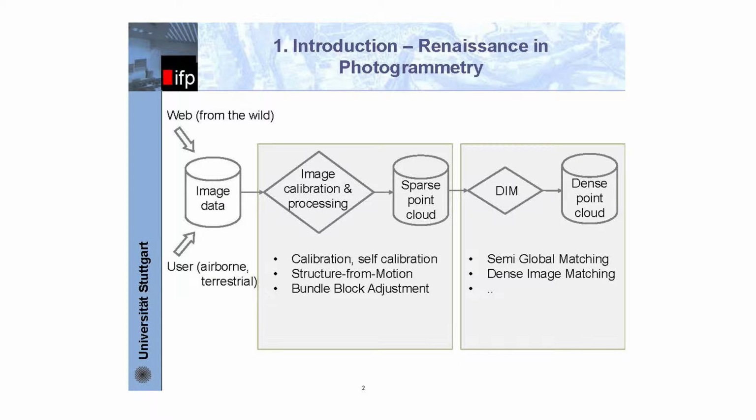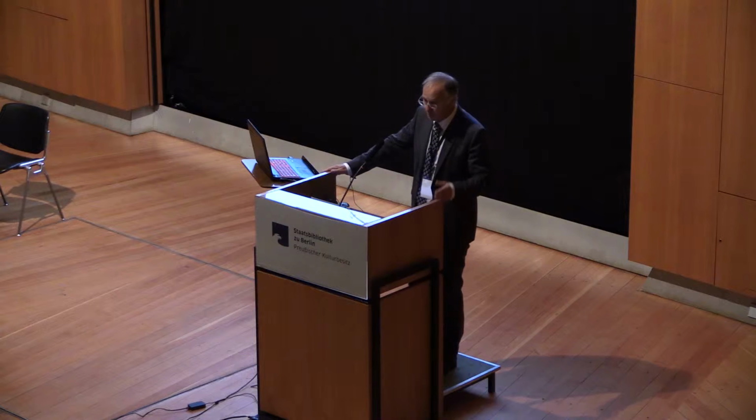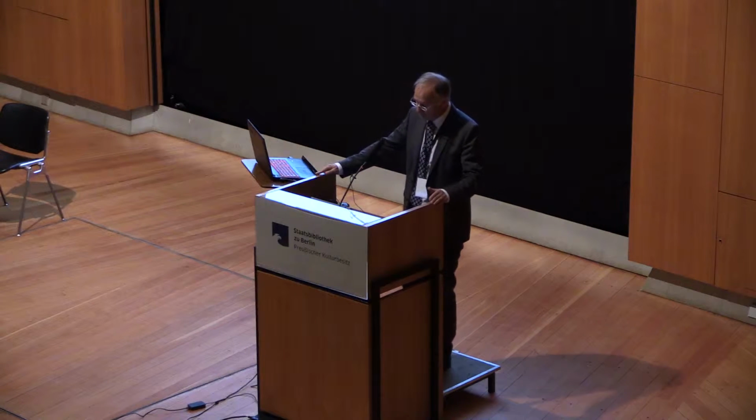We can do some processing, calibration of the camera system, and then we use the images for bundle adjustment, just to get the orientation and the location of the photos, and from this bundle adjustment we get a sparse point cloud. And with the orientation of the photo, or the pose estimation, as we call it in computer vision, we can feed dense image matching algorithms, and we get a very dense point cloud.